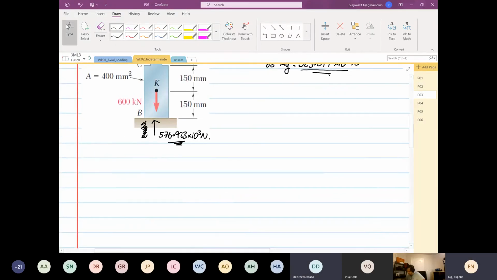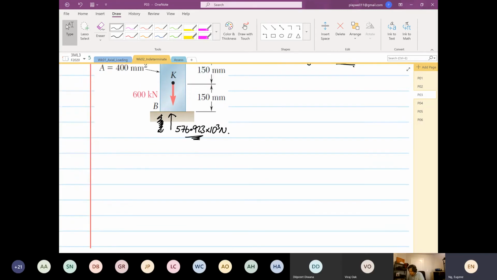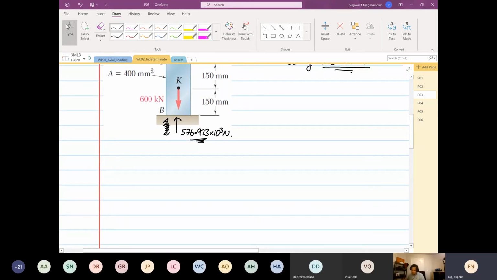Okay. So this is pretty straightforward. Next I'm going to look at something very similar, but the loading is a bit different. So let's look at example number 1.